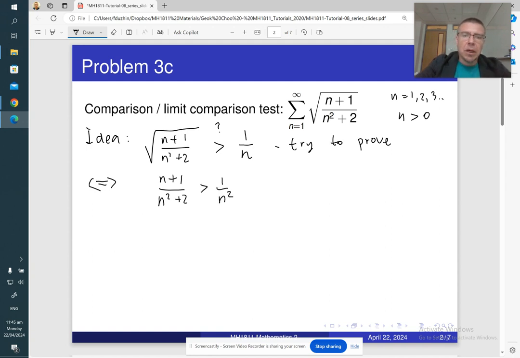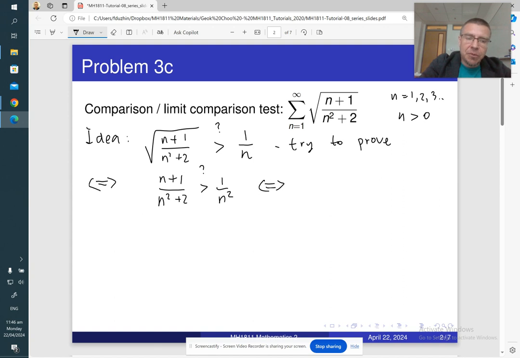Then again, it is a legal operation to multiply an inequality by a positive number, so this inequality is equivalent to the previous one. We don't know if it is true or not yet, but we know that if the second inequality is true, then the original one is also true, because the original one is just the square root of this new inequality.